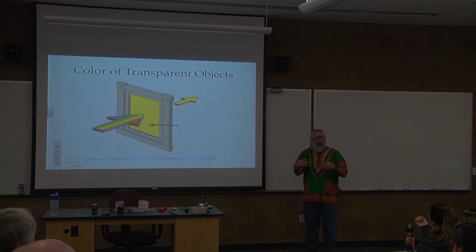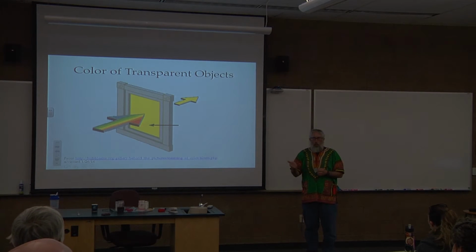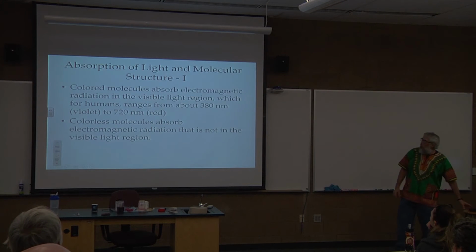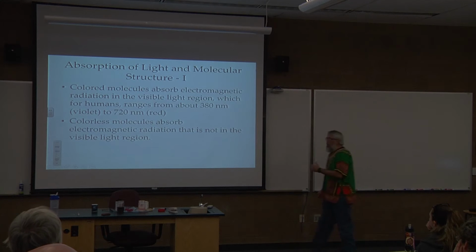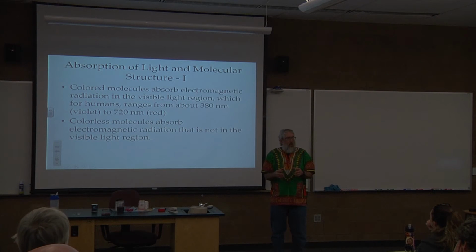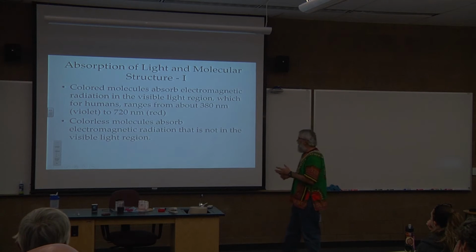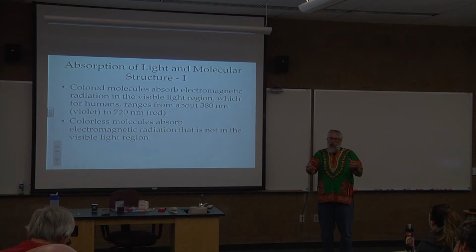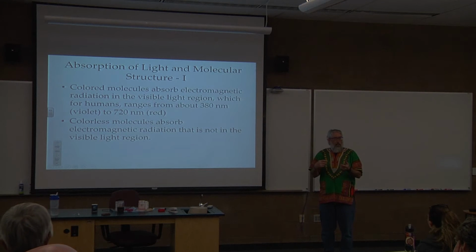But all the other colors are absorbed, and the color that you see is what is transmitted through that gel or that film. So colored molecules have to absorb electromagnetic radiation in the visible region, that is between about 380 to 720. And when they absorb in that region, the color that we see is just the opposite.